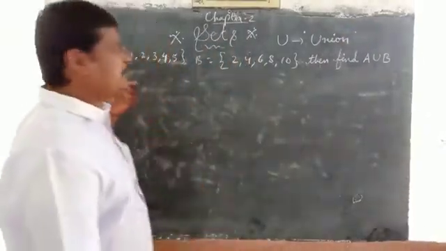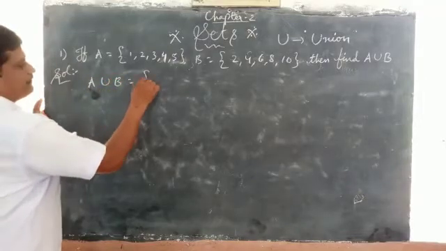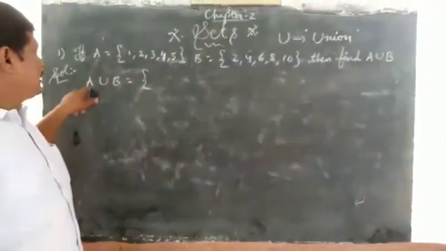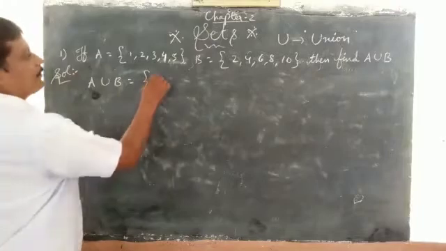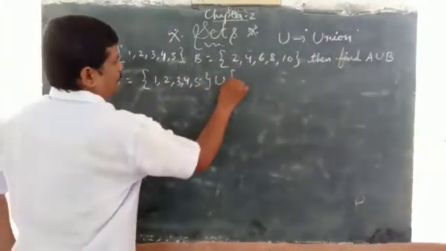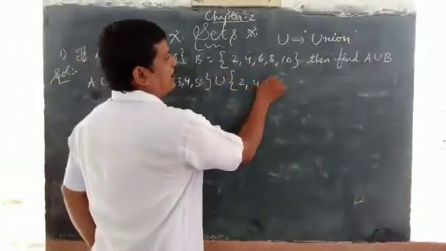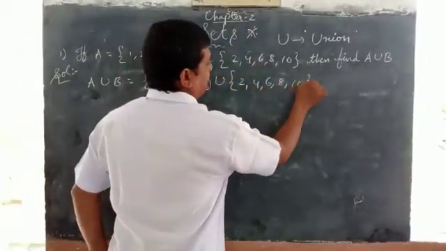That is A union B. How can we find it? Very important. A equals set of 1, 2, 3, 4, 5, union B equals set of 2, 4, 6, 8, 10.